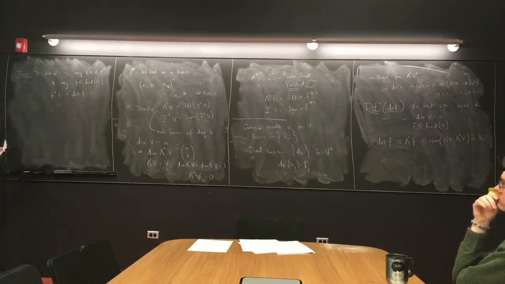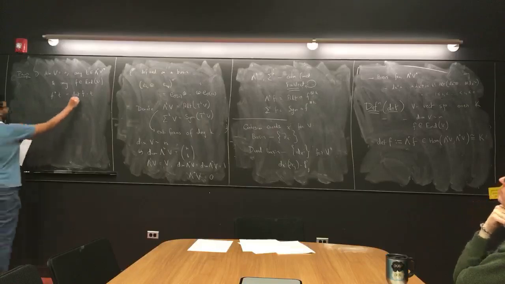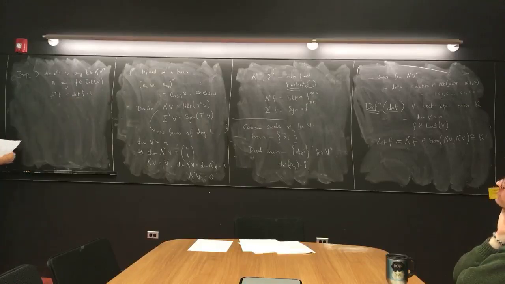This tells you that t is not a scalar, because this is how it transforms under pullbacks. It transforms with this determinant. What is this called? A tensor density or something? It's a tensor.